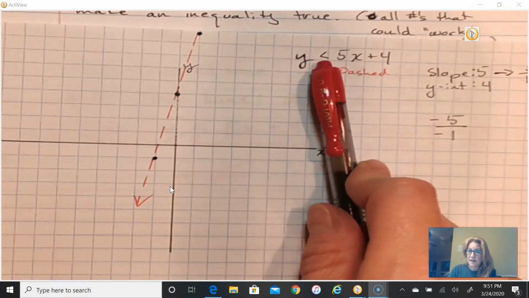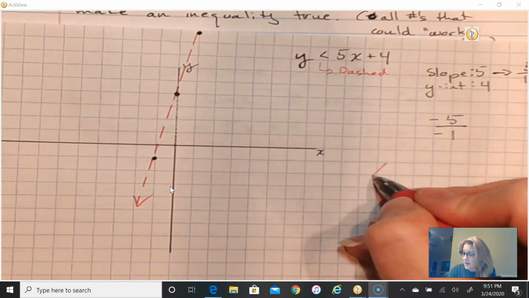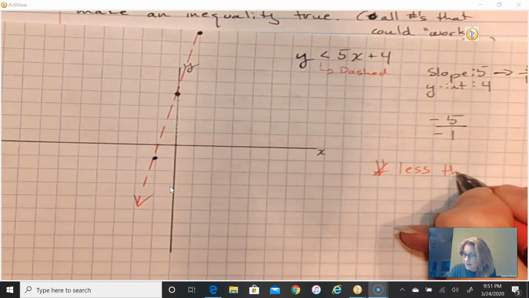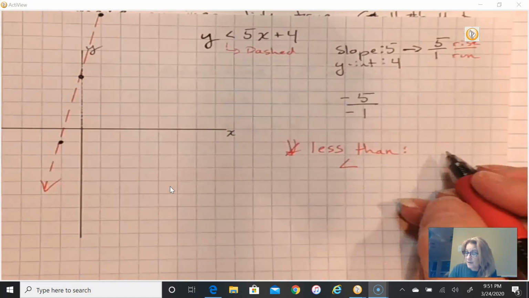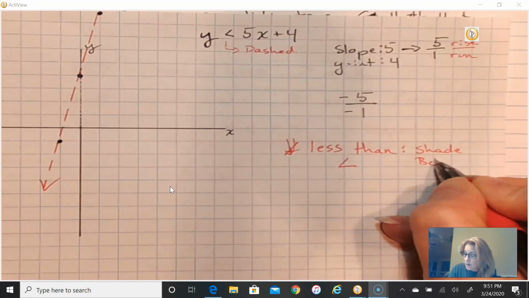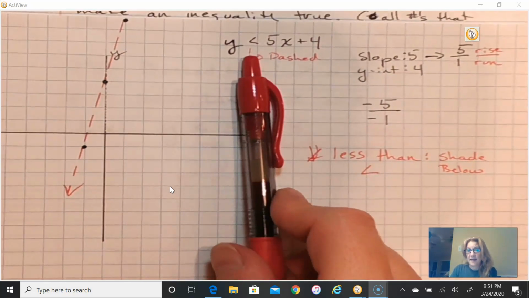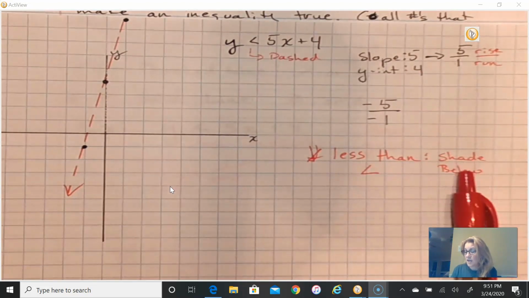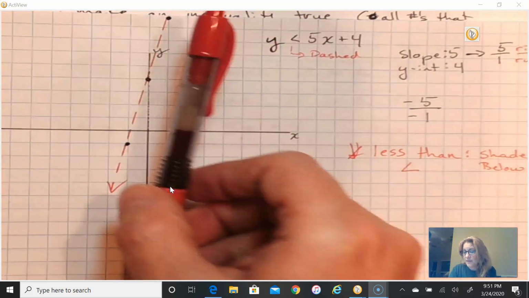Now, here's the other thing. Notice that this is less than. Less than means shade below. It's less than, so shade below. See how this slope is?